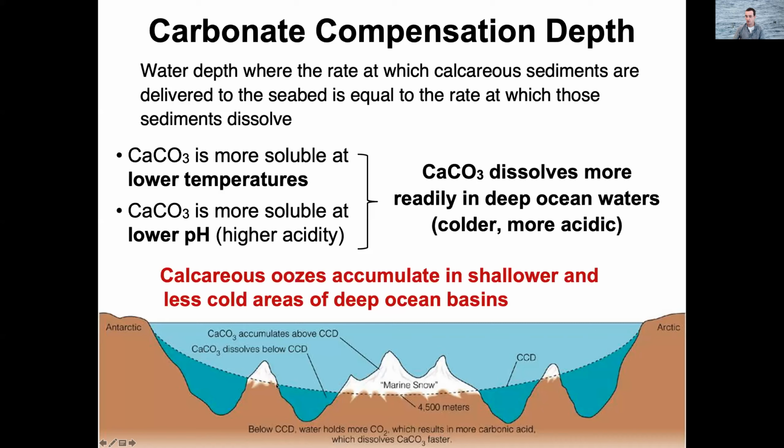So in areas of the ocean that are deeper than the lysocline, calcium carbonate dissolves and siliceous materials can accumulate. In areas above the lysocline, you can have calcium carbonate accumulation. You can still have siliceous material accumulation, but the calcium carbonate tends to overwhelm those areas.